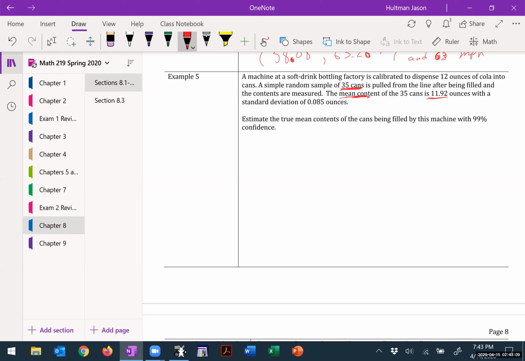So what is the mean? 11.92. How would I represent that? 11.92 is represented by what variable? Is it mu or is it x bar?